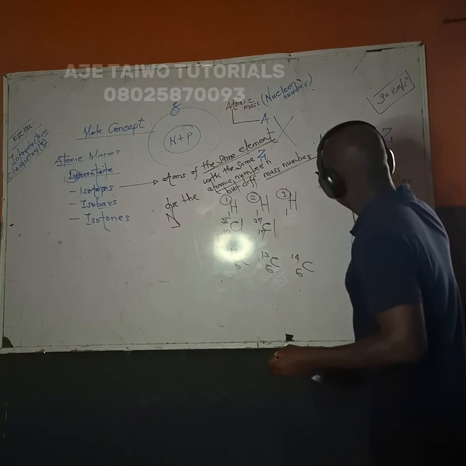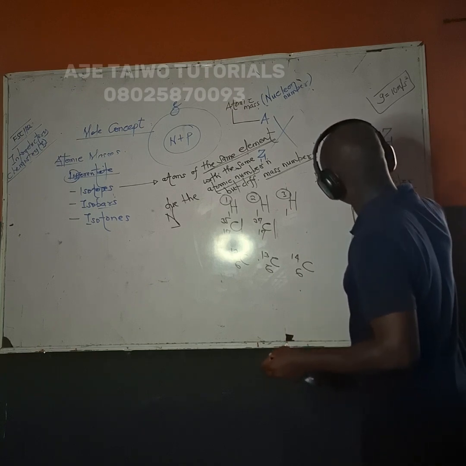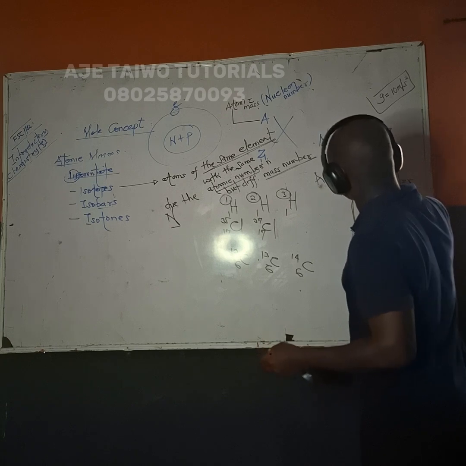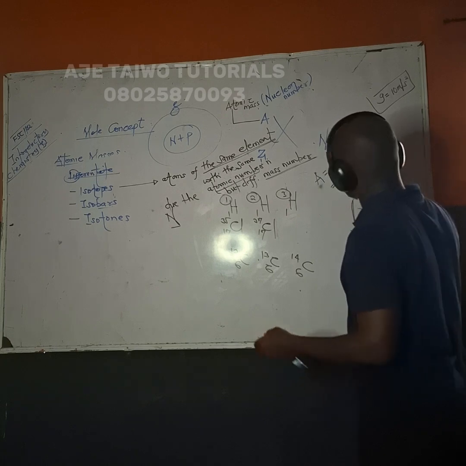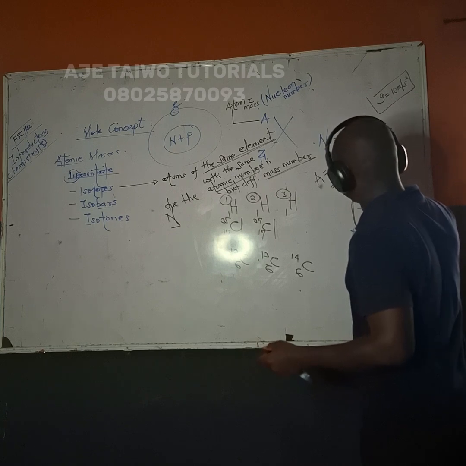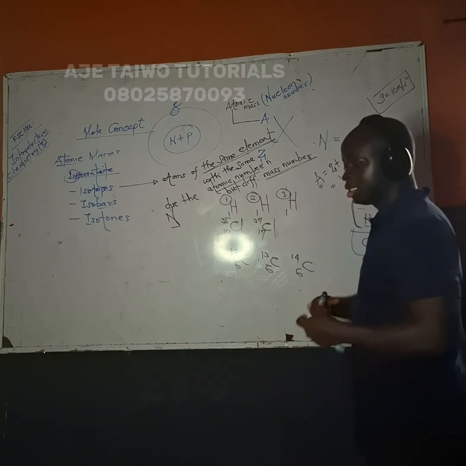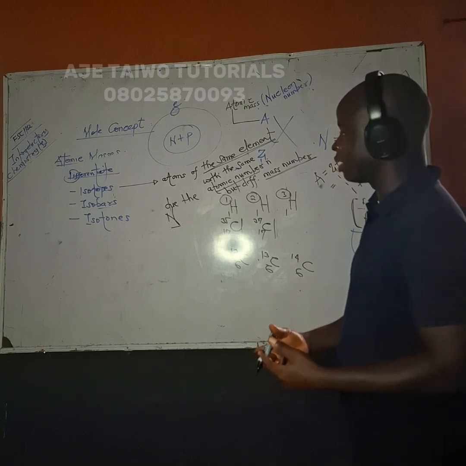Because atomic mass A is actually Z plus N. For all of them, Z is 1. Their atomic number is 1.